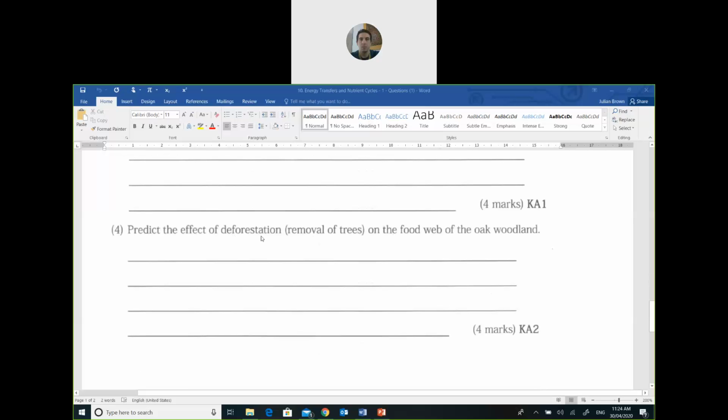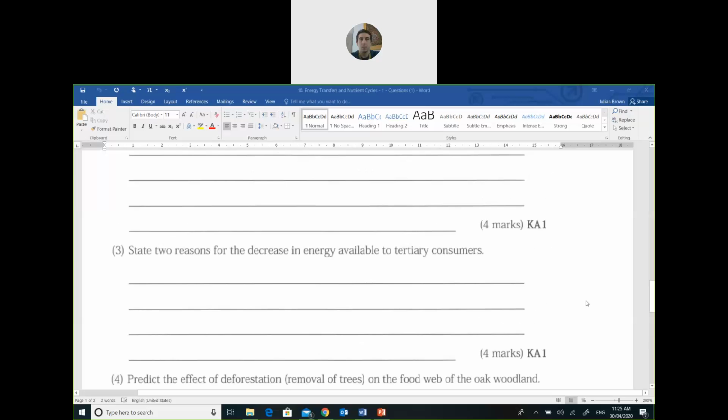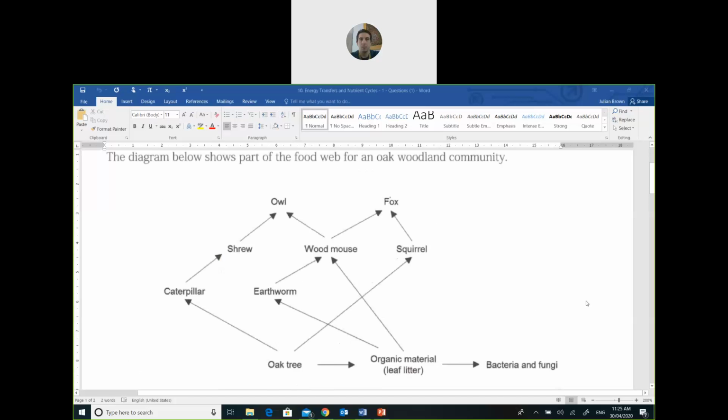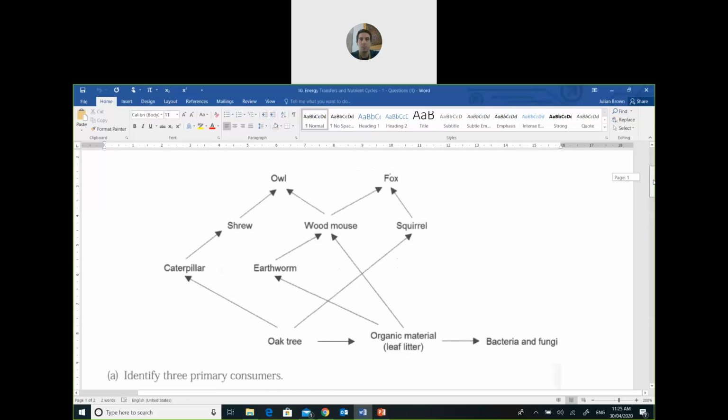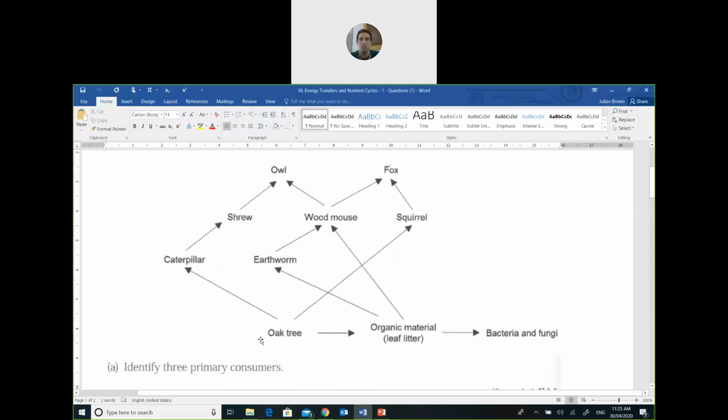So predict the effect of deforestation, or the removal of trees, on the food web of the oak woodlands. If we come up here to our food web, what they're saying is, what would happen if we got rid of the oak trees? Well, it would have a big effect, because you can see almost everything in this food web relies on the oak tree.